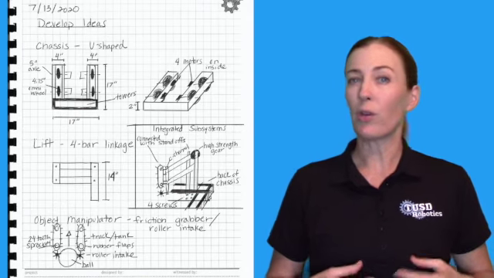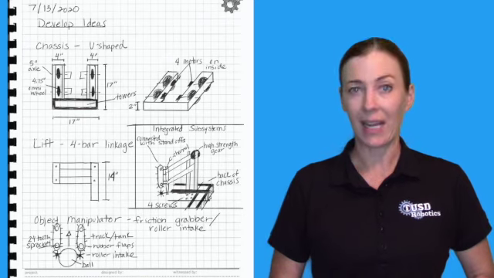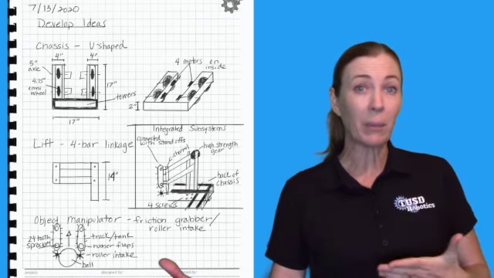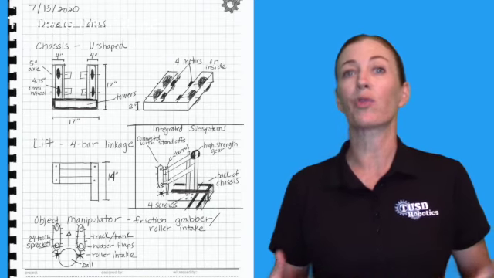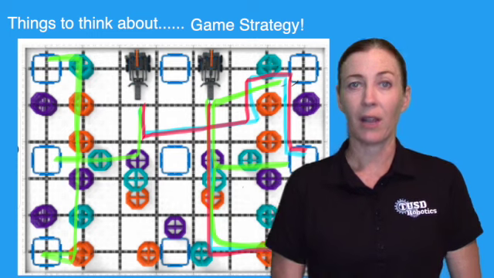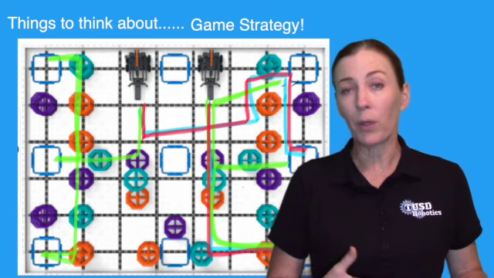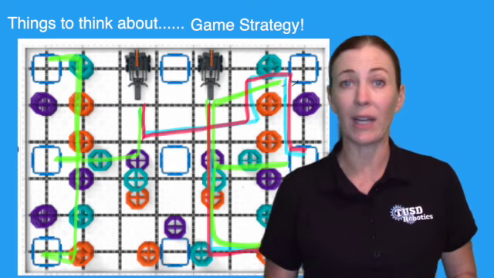So not only are you fully developing an idea, but you also are going to use that idea to help you convince your teammates that you have a good idea. So you want to think about maybe the strategy that you think would be good for playing this year's game. That strategy is going to help you pick some of the ideas on what you want to use to develop your ideas.